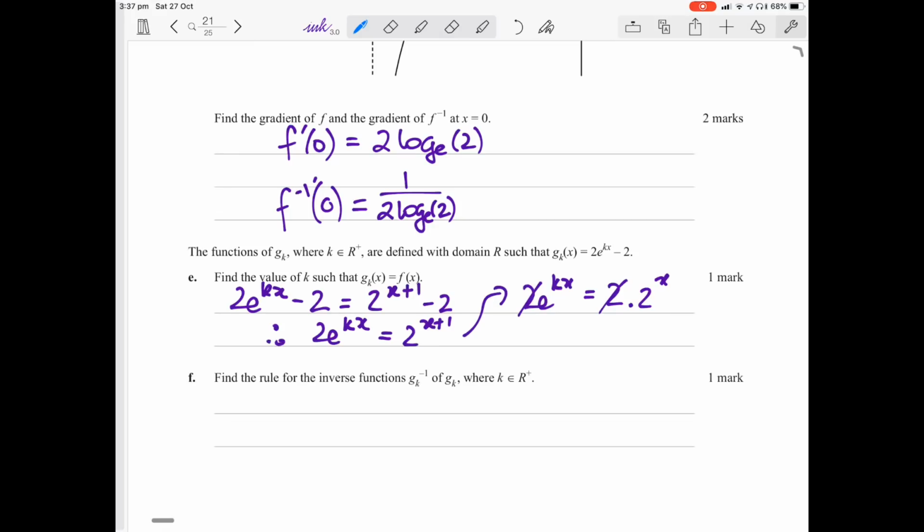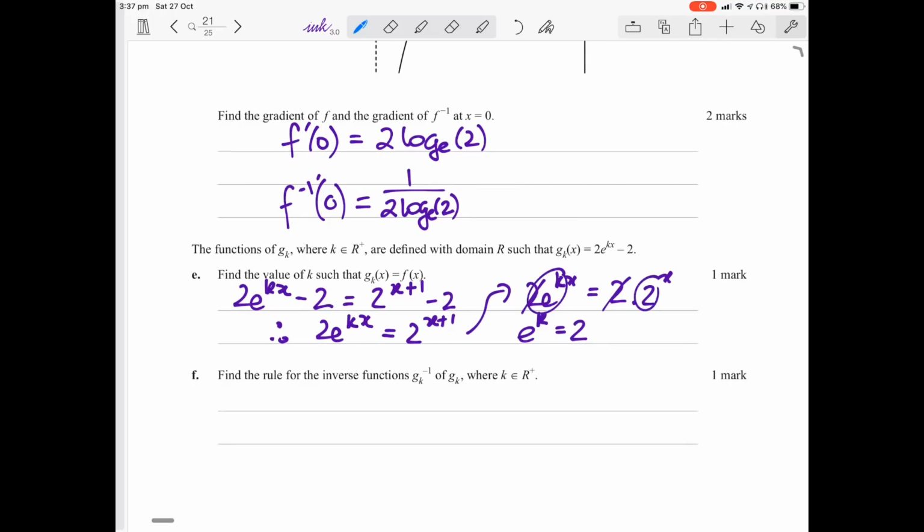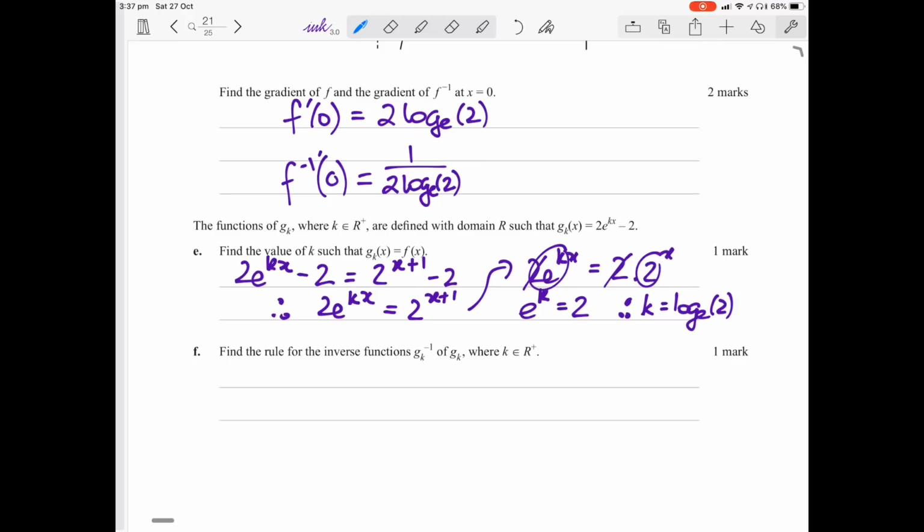So e to the kx has to equal e to the 2x, so e to the k equals 2, because that and that have to be equal. So therefore k is equal to log e of 2.